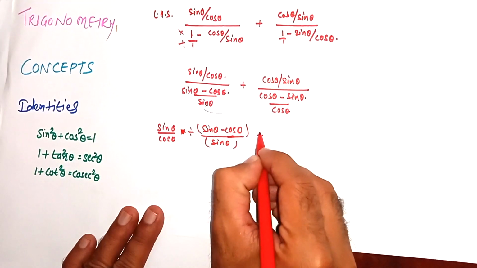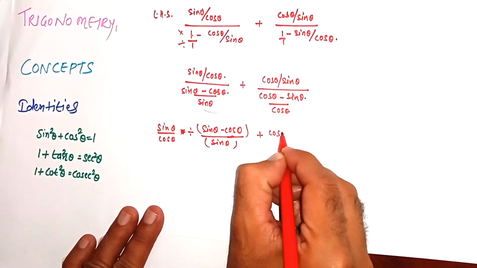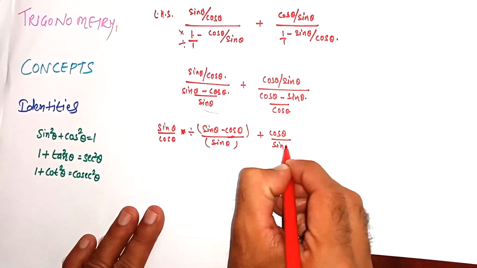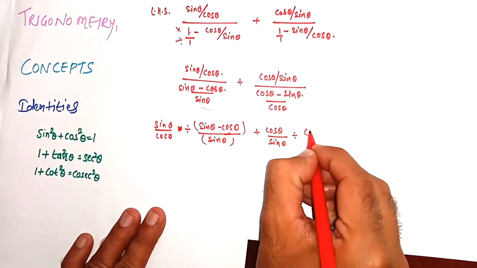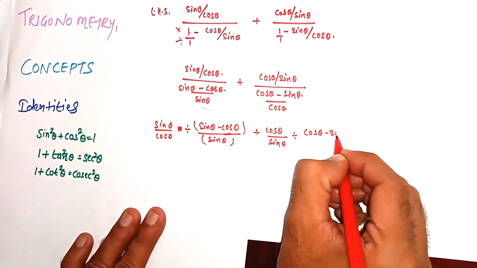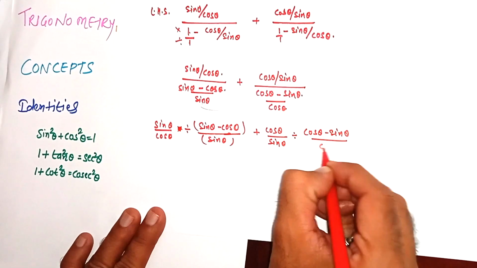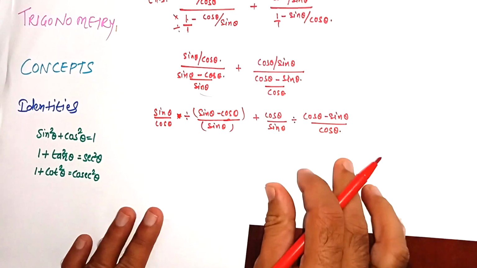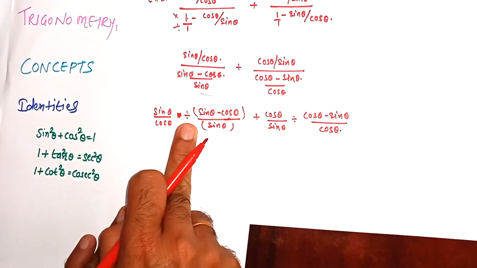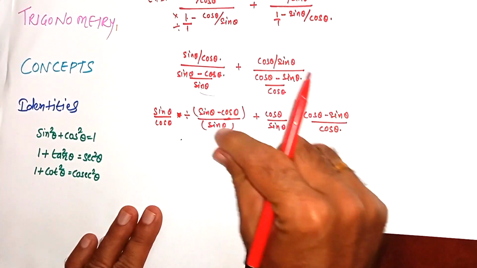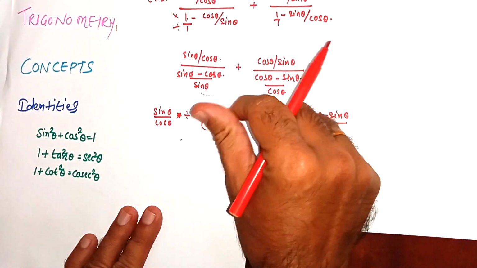Again this addition sign, this is cos theta over sin theta divided by cos theta minus sin theta over cos theta. Now we know that to turn the divide sign into a multiplication sign, we reciprocate the latter term.